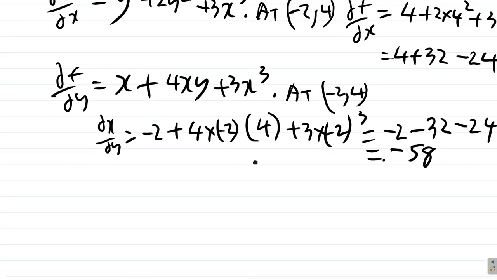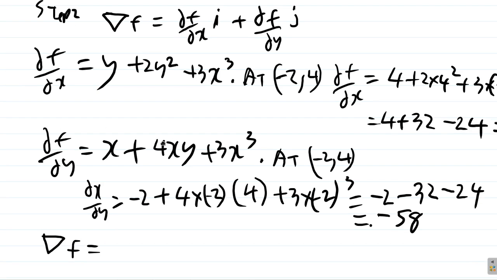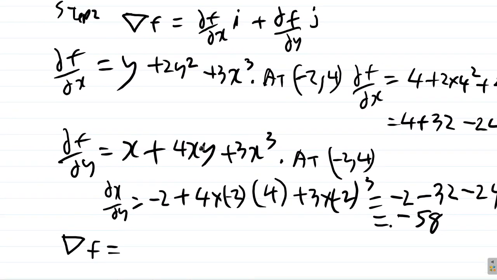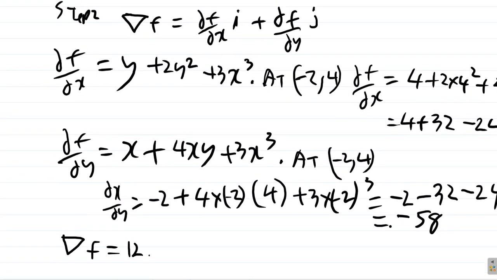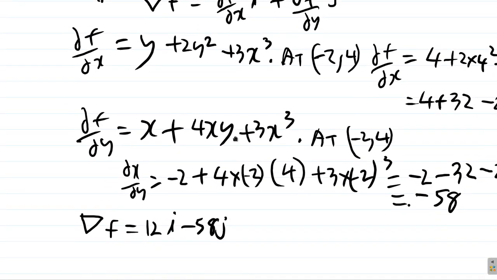So we have these. So therefore, the gradient vector is equal to 12i minus 58j. Alright? Now, that is the gradient vector at that point that we're given, negative 2, 4.